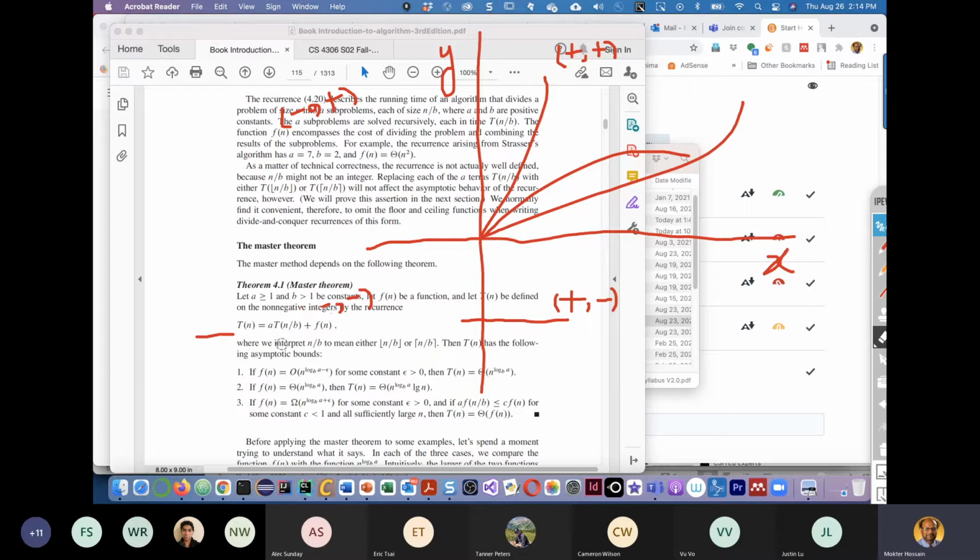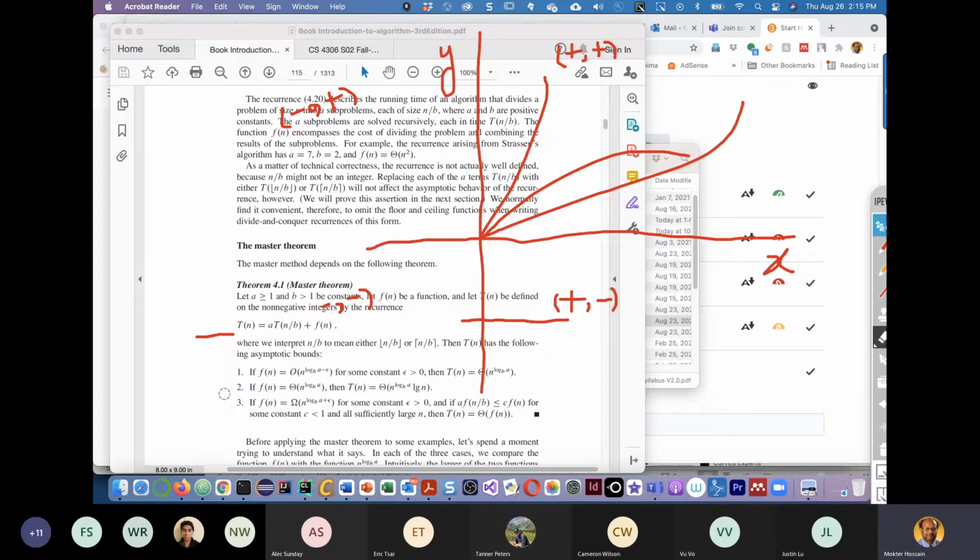If n is not an even number, then n by b will not be an integral number. In that case, if we take the ceiling or floor, then we will get an integer. So by this notation T of n by b, we can mean floor or ceiling.